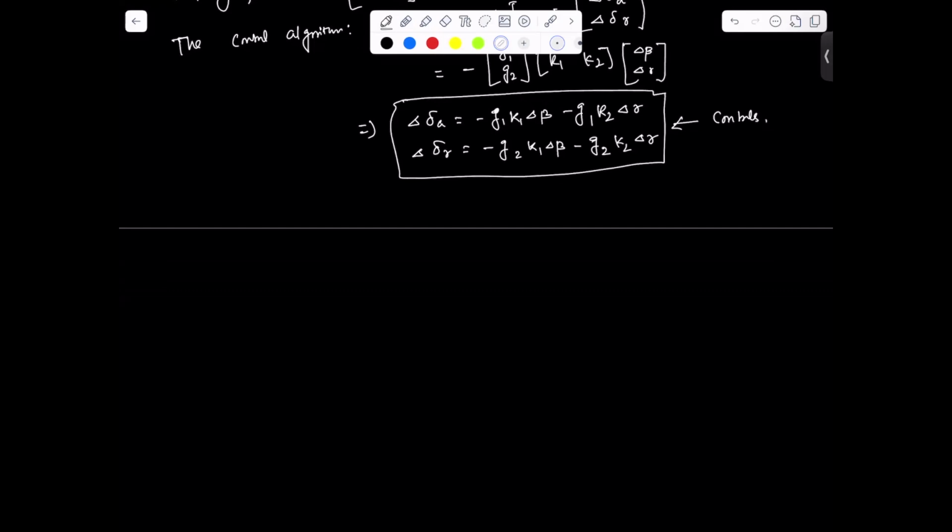Now, if you want to use a different formula, you can easily use. Instead of the Ackermann method, you can use a different concept to solve this problem. You can use the place command, all this stuff. So there's another way also, because linear dynamics is given. If you want to use another method, let me give you the hints. Another method to find control parameters.